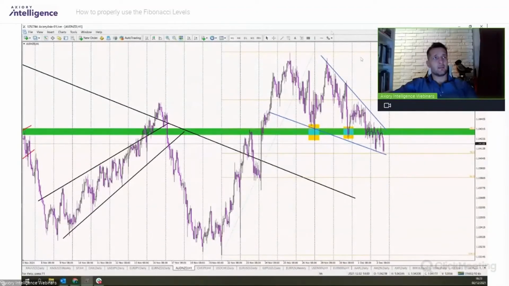Is 50 respected? Oh yes. You may say it does not touch. Yes, but I told you it's not a single line, it's an area. Will 61.8 be respected? Maybe, because it's supported with the historical levels. So definitely Fibonacci levels are here to stay, to monitor the action on Australian dollar to New Zealand dollar.